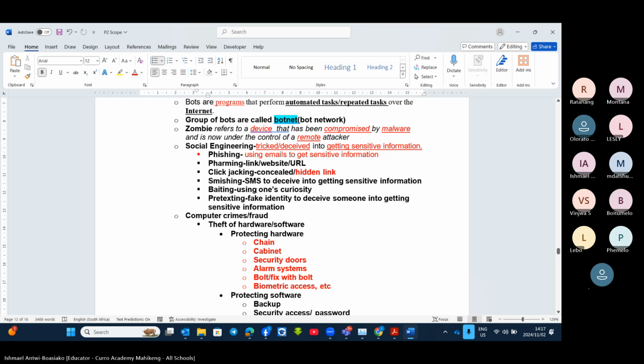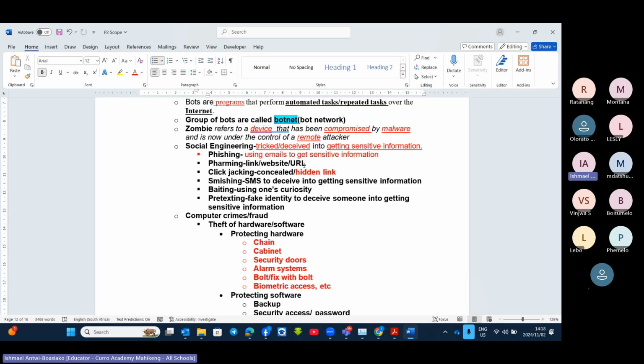Baiting is depending on one's curiosity to deceive somebody into giving sensitive information. Smishing is using SMS to deceive somebody. Clickjacking is using a hidden link to deceive someone. Pharming is using a link, website or URL to get sensitive information.